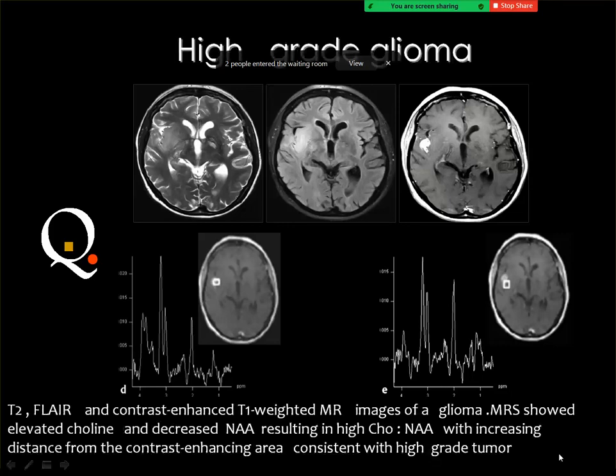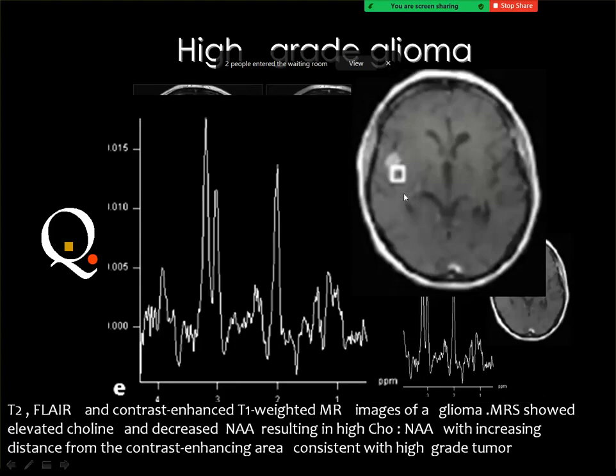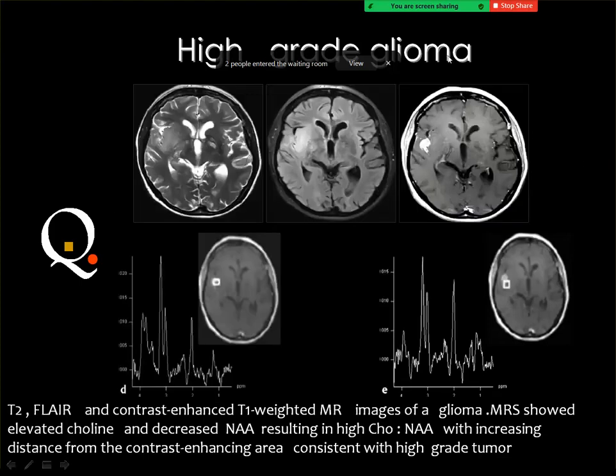And also, if you can see this image where the voxel is placed a little bit away from the site of the lesion, but still shows evidence of a neoplastic lesion with elevation of the choline and some depression of the N-acetyl aspartate, denoting that this is a high-grade glioma with an infiltrating edge and is not a metastatic deposit, because if you put the voxel outside the lesion in cases of metastasis, you will see a normal brain curve.